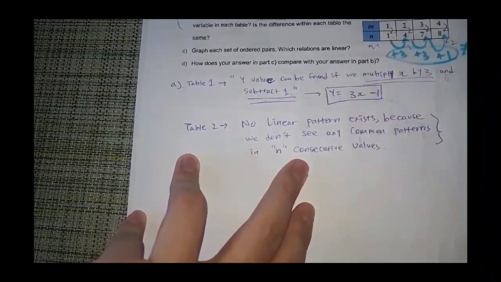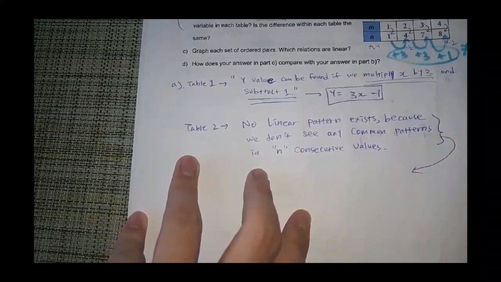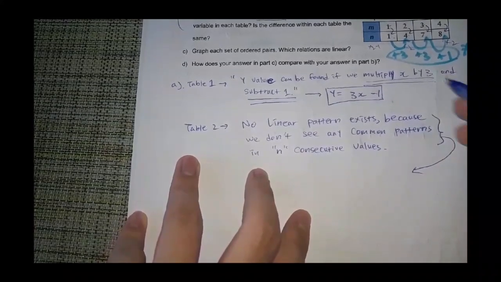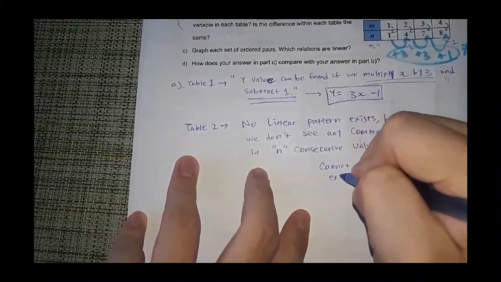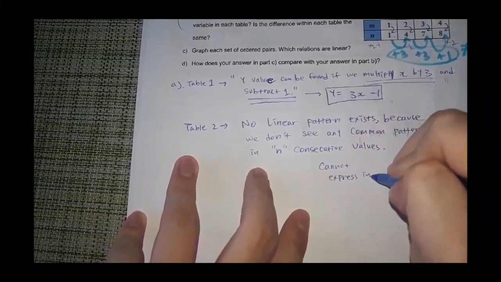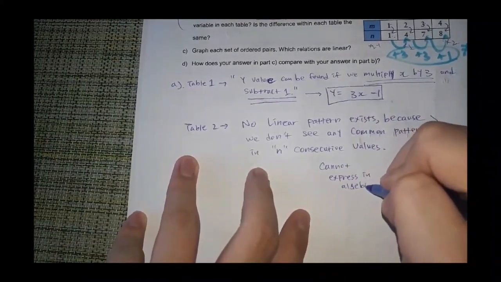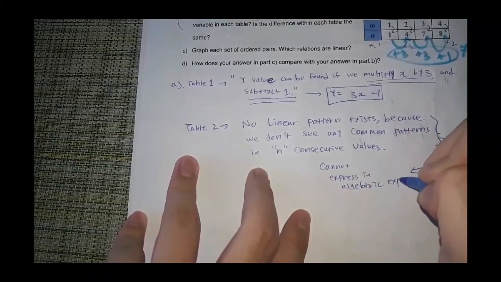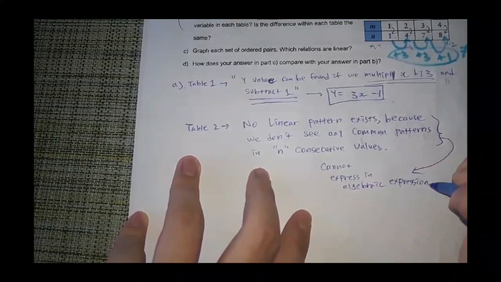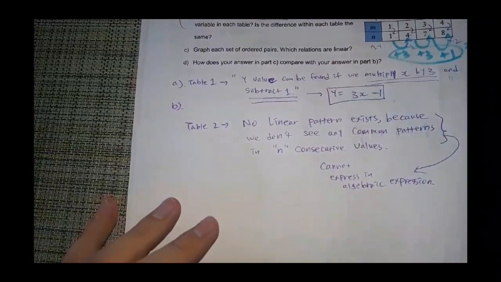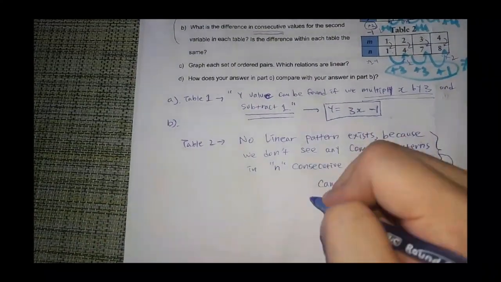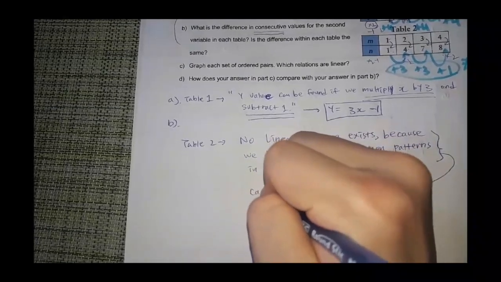If that happens, ladies and gentlemen, we cannot express it in an algebraic expression. There is no pattern in A and B, which means we cannot find the slope too.